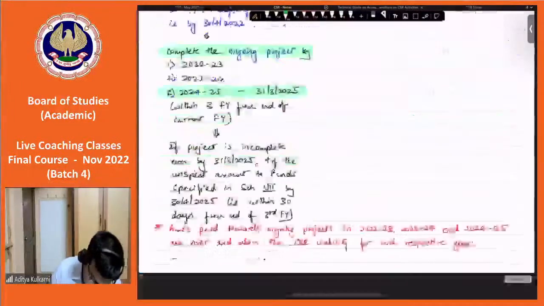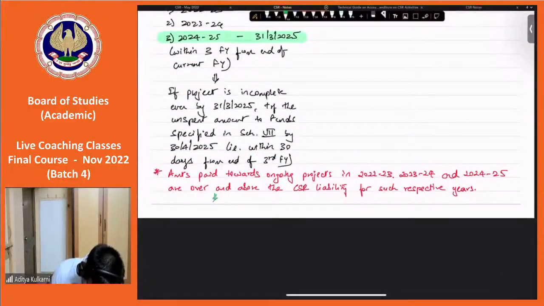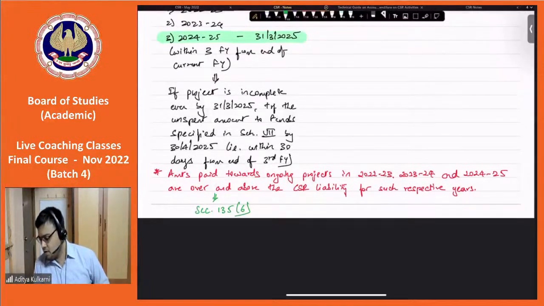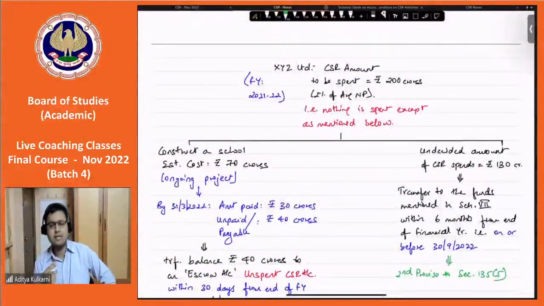And this ongoing project is nothing but section 135(6), section 135 subsection 6. So we have covered 135(1), 135(2), 135(3), 135(4), 135(5), and 135(6) is done. All right, so is it clear? Yes, CSR spends, yes or no?